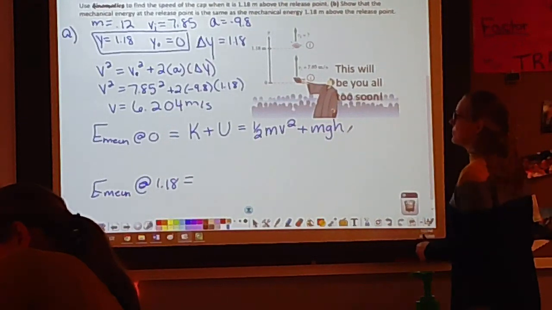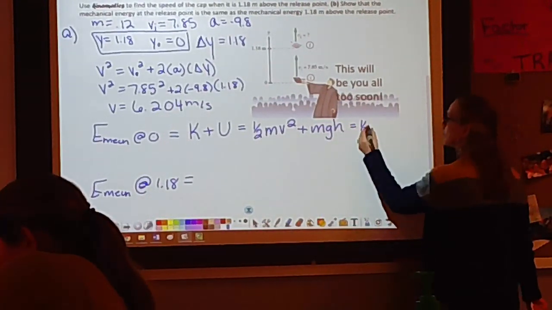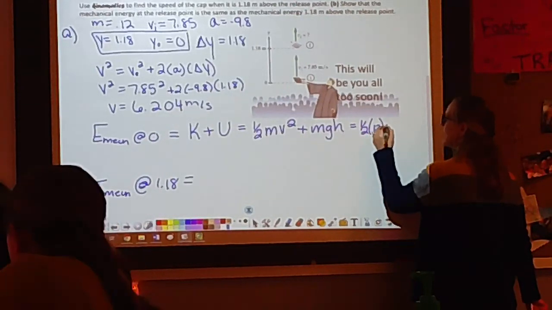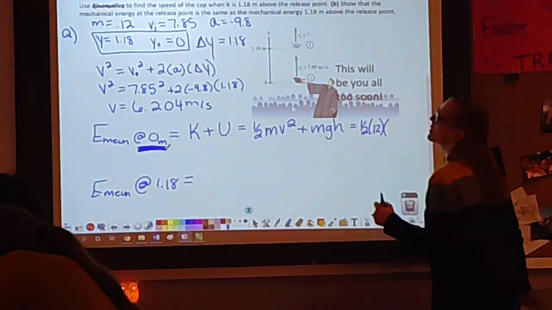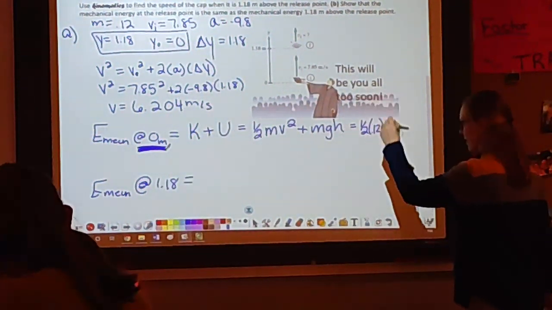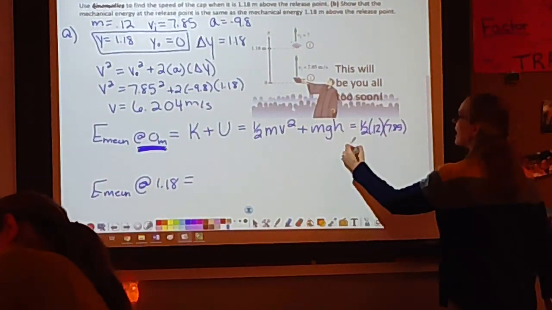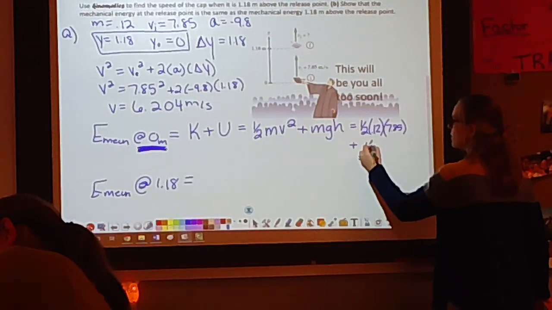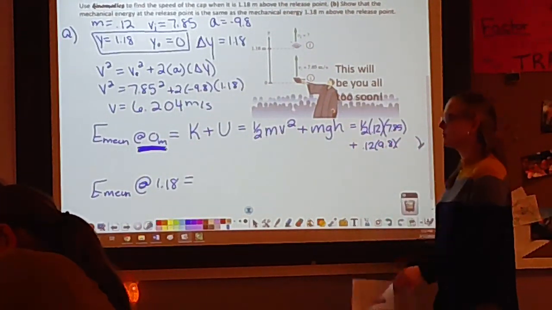Okay, so let's go ahead and put this stuff in. So we have 1/2. What's the mass, everyone? 1.2. What is the velocity at 0 meters? 7.85. It's at the beginning. Plus m, so 0.12 again, times gravity, 9.8, times the height.